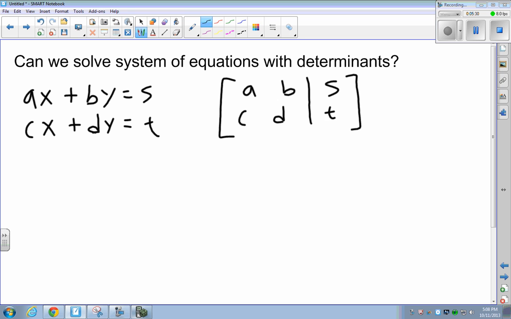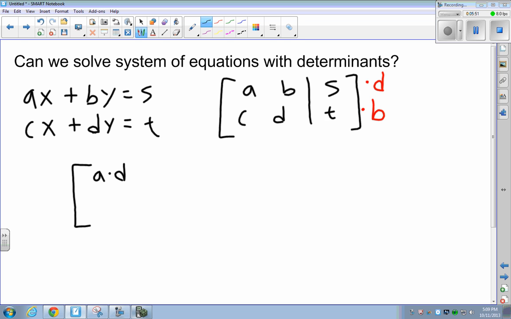Okay, now let's multiply this top row by the variable d. And just to save time, I'm also going to multiply the bottom row by b. So that our matrix will turn into the following.